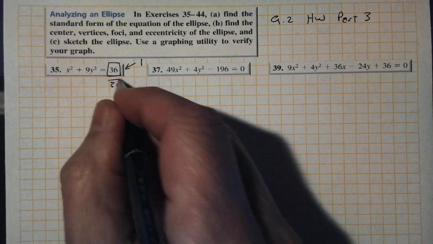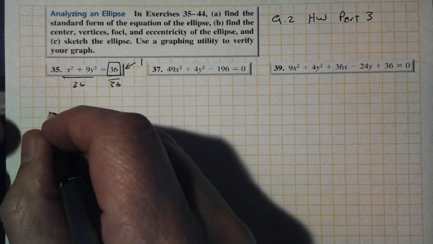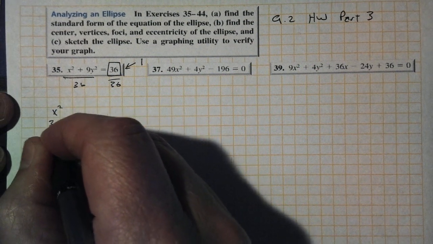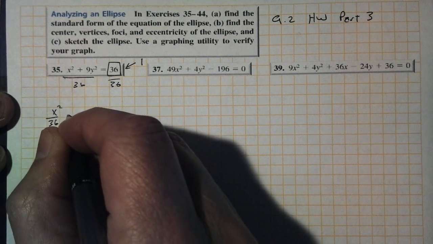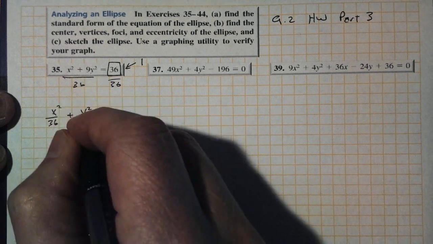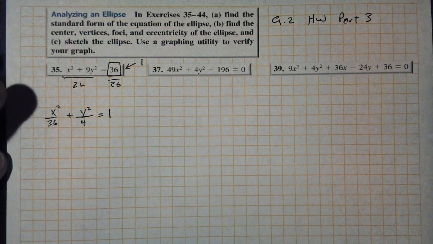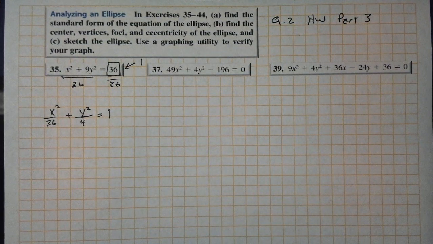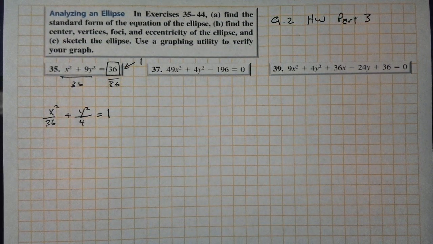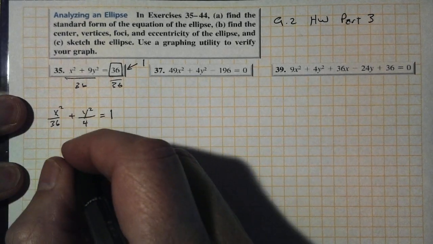Therefore, I need to divide both sides by 36, and I get x squared on 36 plus y squared on 9 on 36, which is 1 on 4, equals 1. So we're always driven by making that right side become 1. And at that stage, I know what the graph of this looks like.